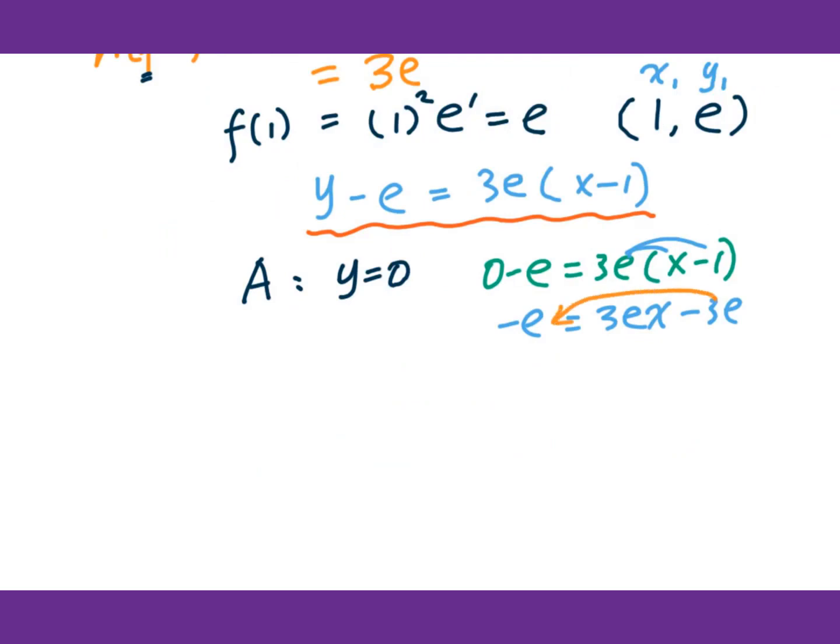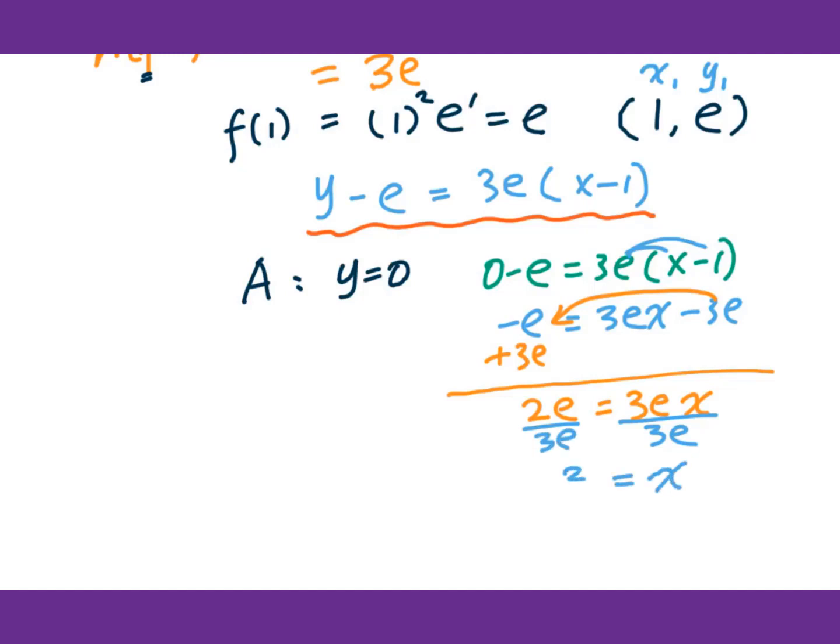Move negative 3e to the left side, that's plus 3e. You will get 2e equals 3ex. Then divide by 3e on both sides. You will get x equals 2/3. Which means A is (2/3, 0).